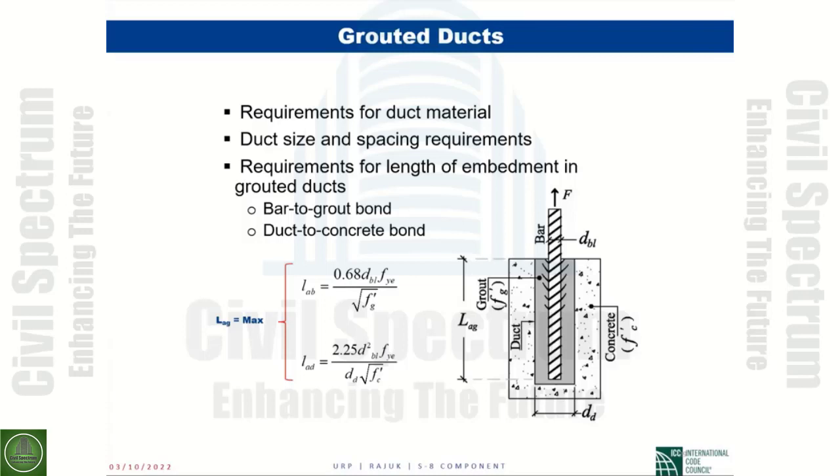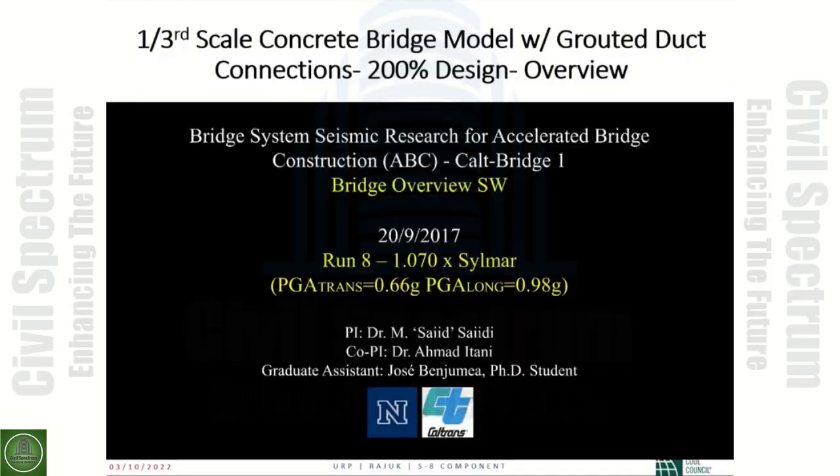What is the anchorage length that we need to provide? There are two equations. One accounts for bond between the steel bar and the grout, and the other accounts for the anchorage between the duct itself and the surrounding concrete. So the more critical of the two will control what we need to do.